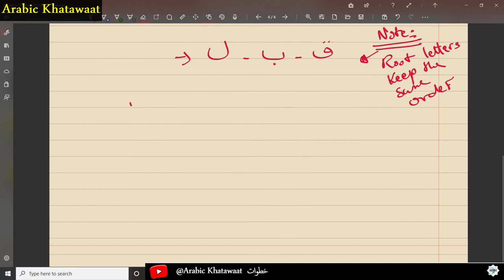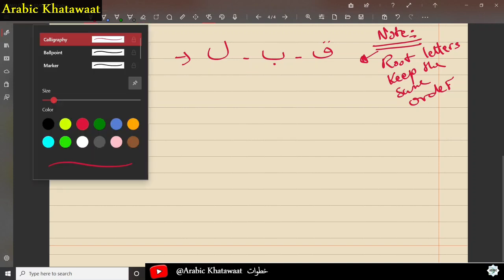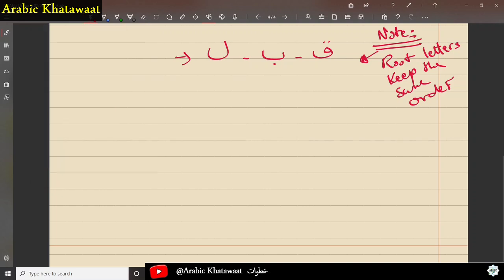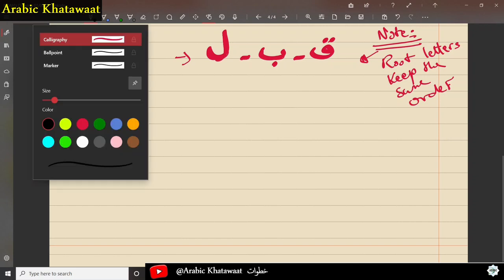So I'm going to erase that part, that way we can stick to one root. And again, let's do it thicker, that way you can see the letters. The qa, the ba, and the lam. We're not putting short cases on the roots.